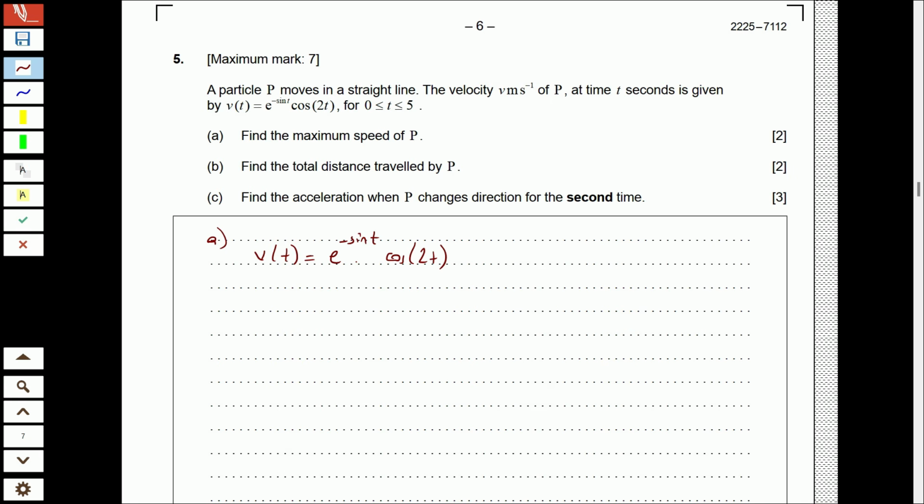So we're going to look at the graph of this function and find the maximum point, but this particle can go either the positive way or the negative way. We're going to check for the maximum value of the absolute value of this function.